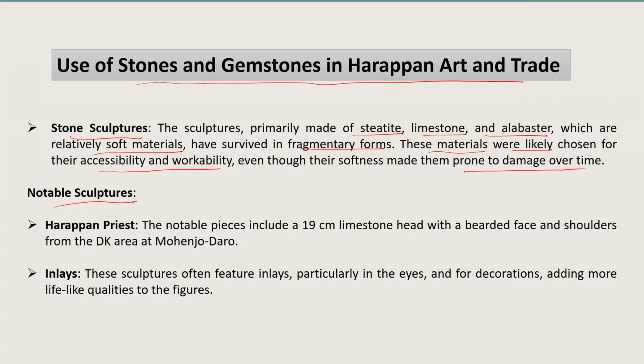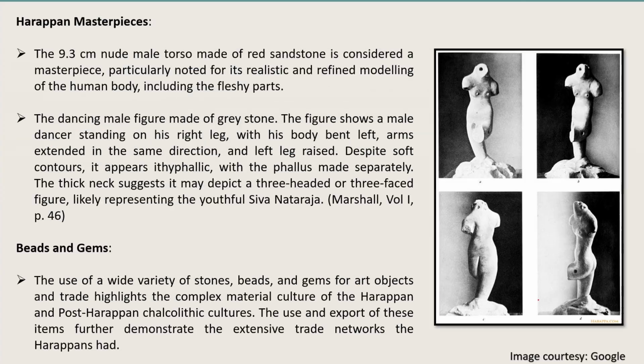Notable sculptures: the Harappan priest. The notable priest includes a 19 centimeter limestone head with a bearded face and shoulders from the DK area at Mohenjo-daro. Inlay: these sculptures often feature inlays, particularly in the eyes and for decoration, adding more lifelike qualities to the figures.